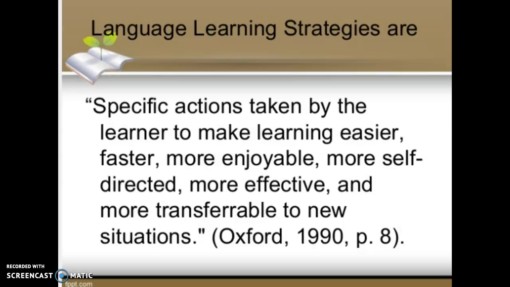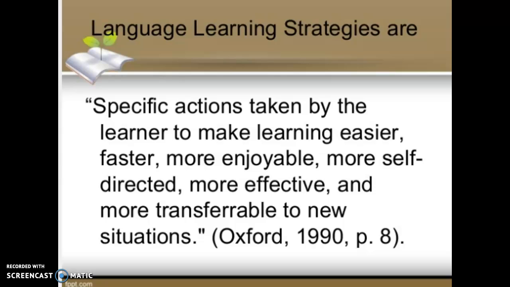Language learning strategies are specific actions taken by the learners or students to make learning easier, faster, more enjoyable, more self-directed, more effective, and more transferable to new situations.